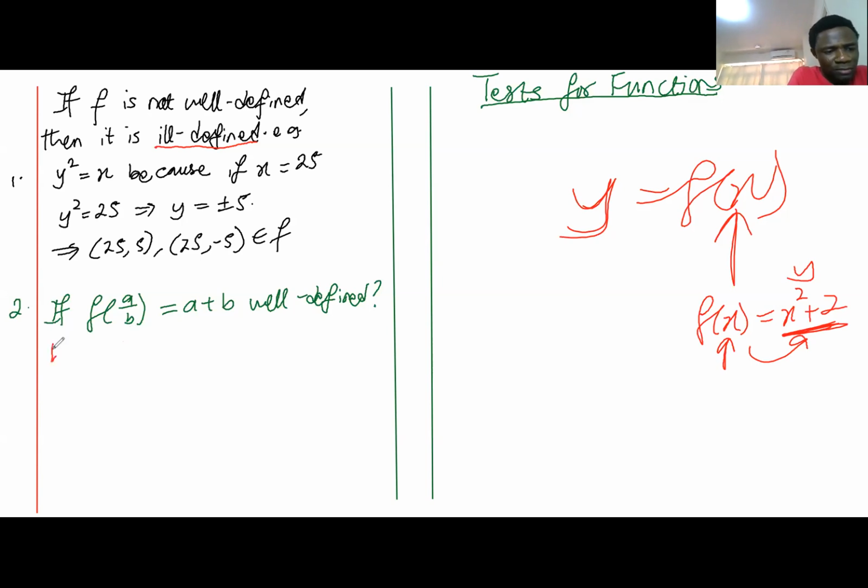So I'm going to pick two elements, x1, maybe 1/3. I'll pick x2, that is the same as this, 5/15. Are x1 and x2 the same?